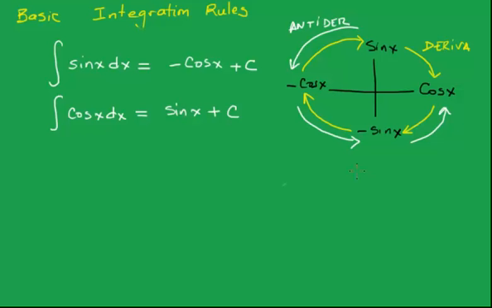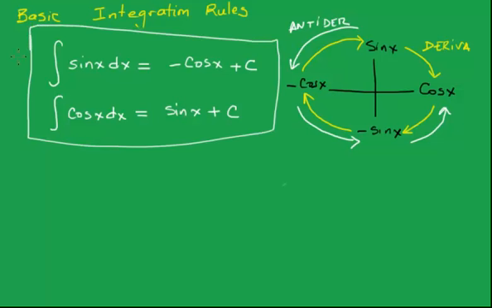This little chart can help you not get confused with antiderivatives of sine and derivatives of cosine, for example. So the bottom line is these are the expressions that we're going to use.